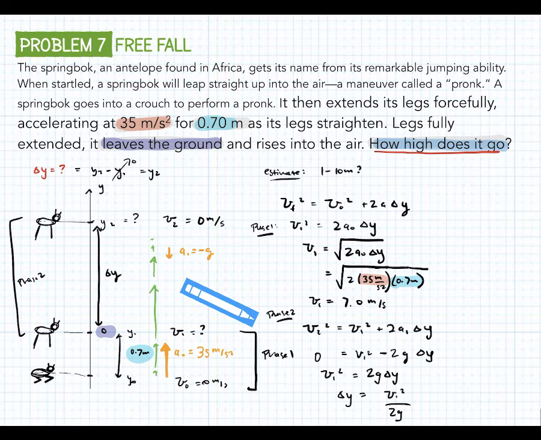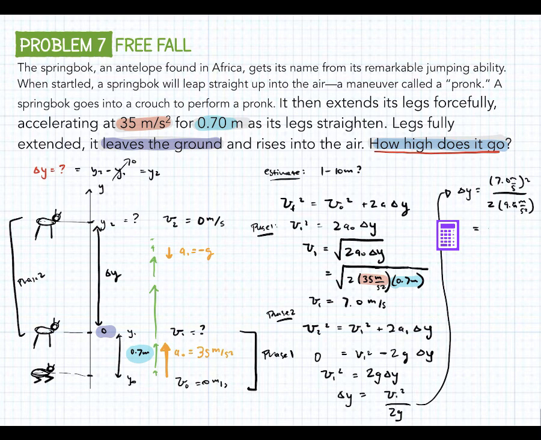So delta y is equal to 7 meters per second, squared, over 2 times 9.8 meters per second squared. You plug all this in, and this should give us 2.5 meters.